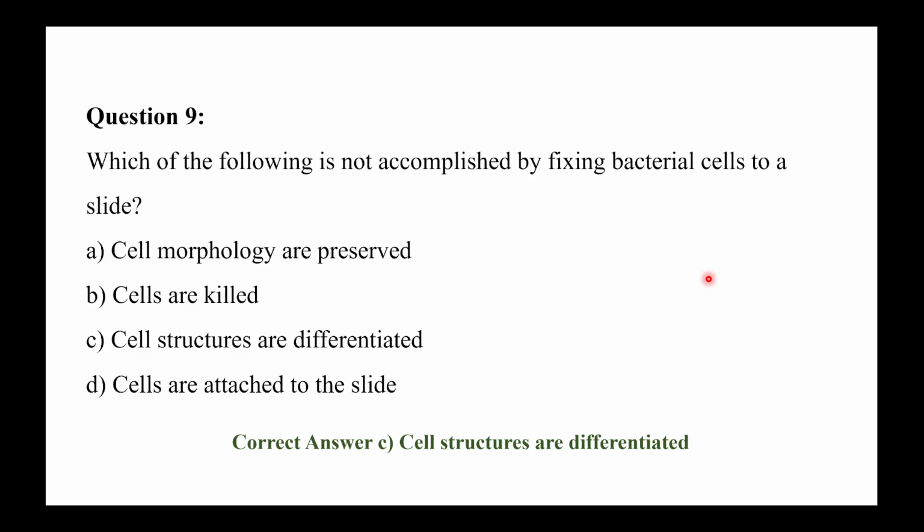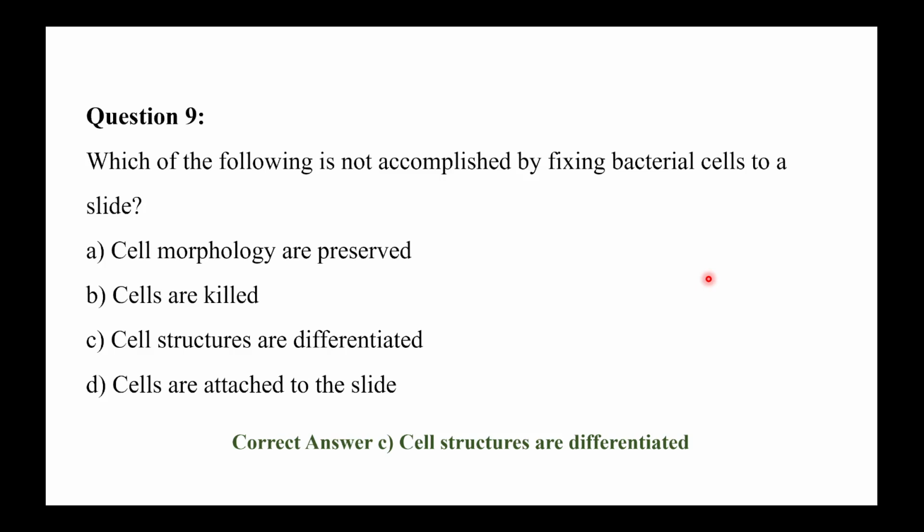So the process that we follow during the fixing makes sure that the cell morphology is preserved, the cells are killed, and they are attached to the slide. The only thing that is not accomplished by fixing of cells is differentiation of cell structure.